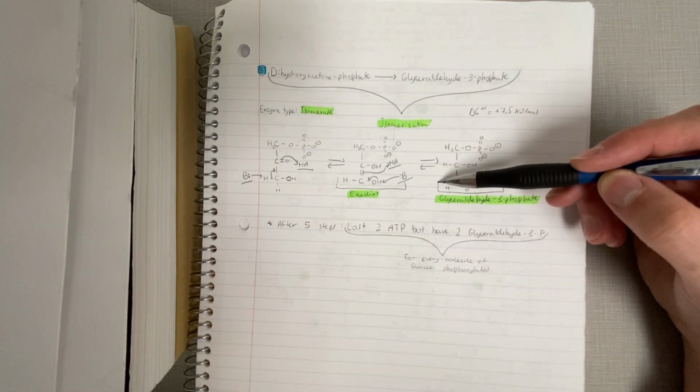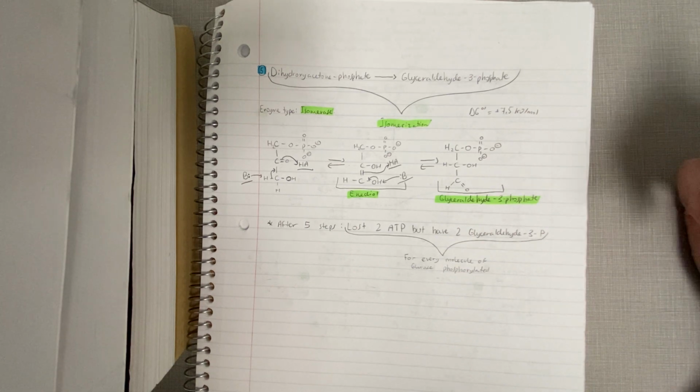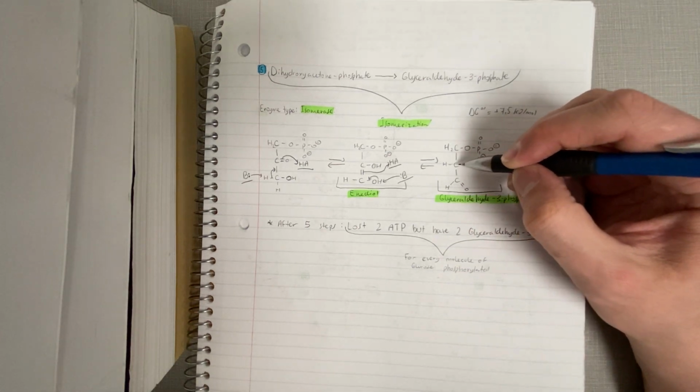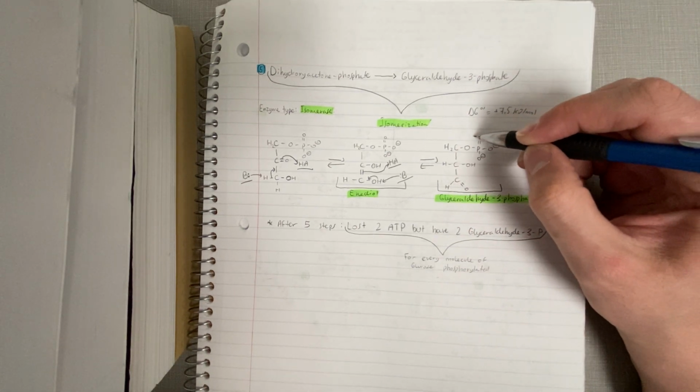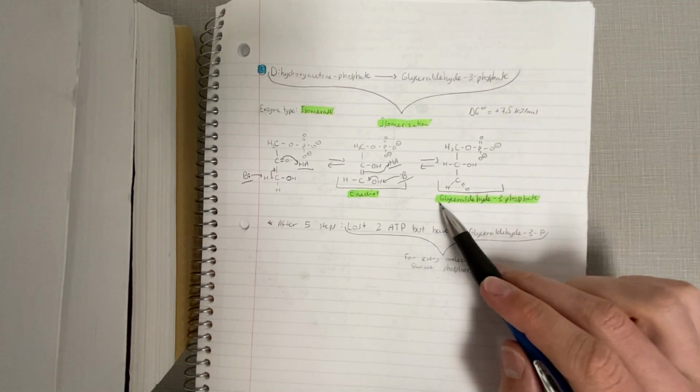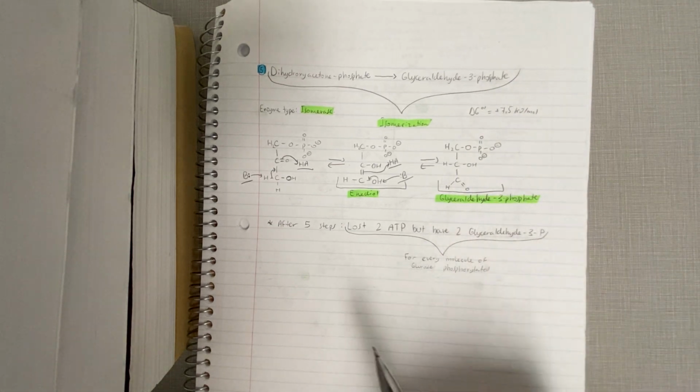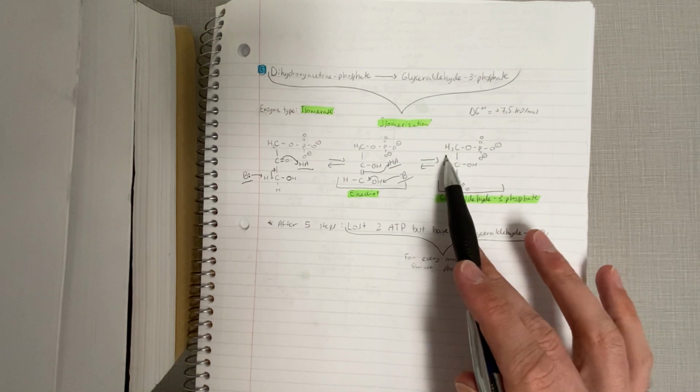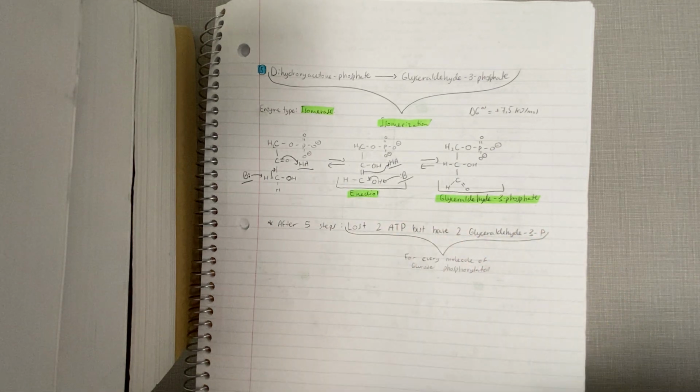And now we have our glyceraldehyde 3-phosphate. Carbon 1, carbon 2, carbon 3, phosphate. So glyceraldehyde 3-phosphate, and we also had another glyceraldehyde 3-phosphate coming from the 4th step.